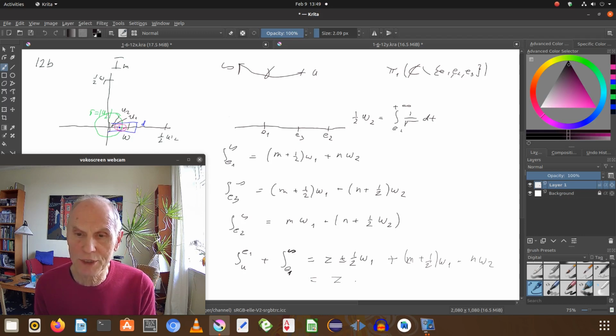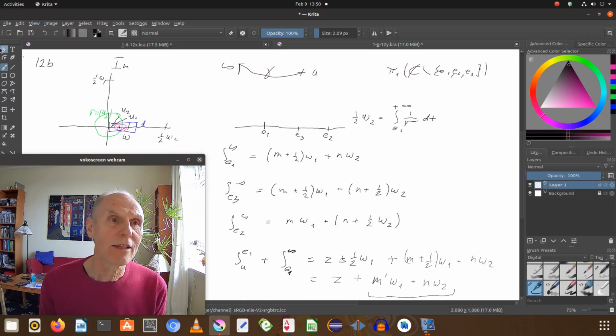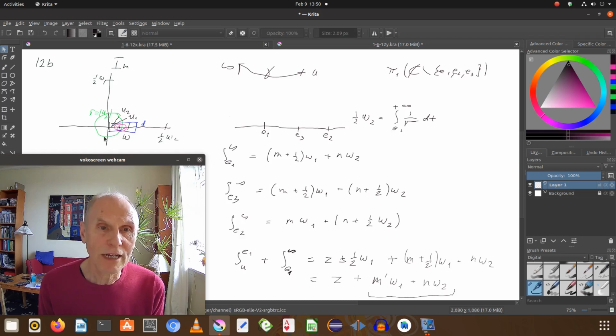If it's plus, we change m. So this means that any path will give the original value plus a member of the lattice spanned by omega 1 and omega 2, and that shows that the original ones here are actually spanned by omega 1 and omega 2.